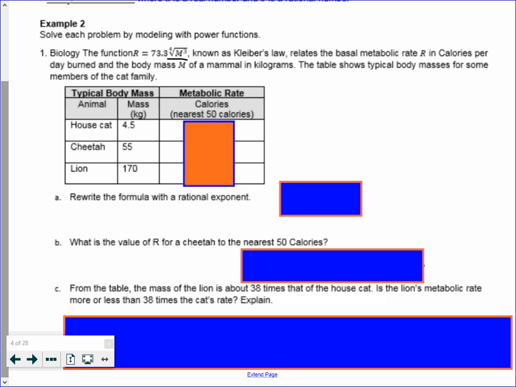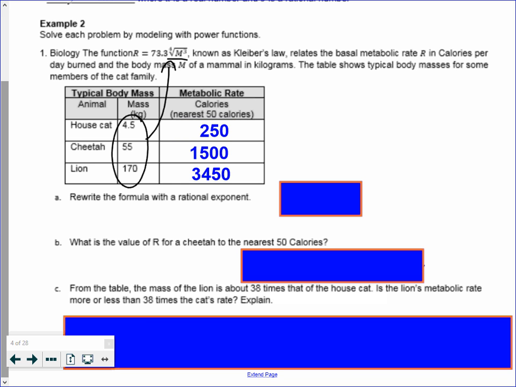So how we're going to figure this out is that our masses right here, these are all our M values that we're going to plug into this formula. When we do, we'll get our metabolic rate for each mammal, and then we'll go on and solve the problem. For a house cat, the typical mass is 4.5 kilograms. If you plug that into the equation, we get 250 calories.